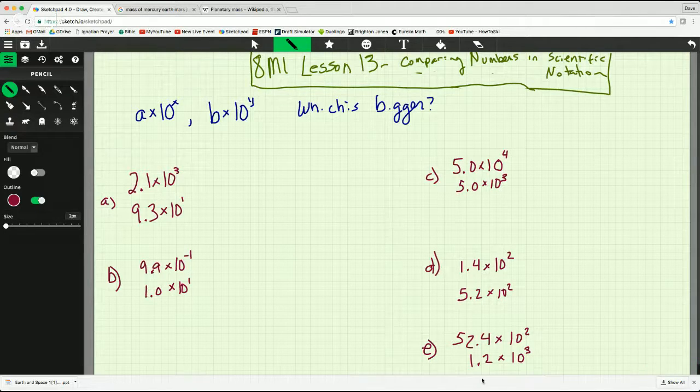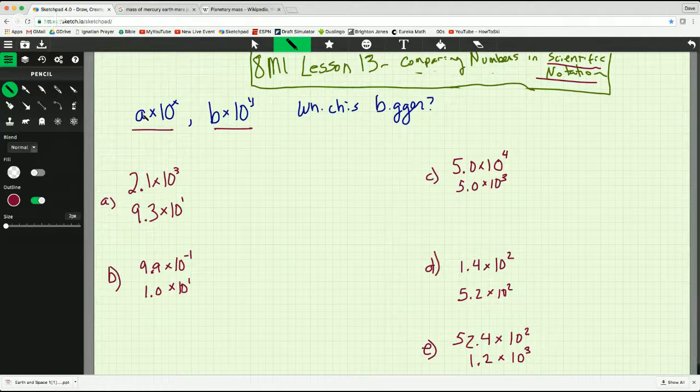Okay, yeah, let's do that one. So we're going to look at which is bigger between two numbers written in scientific notation. And remember our rules here.